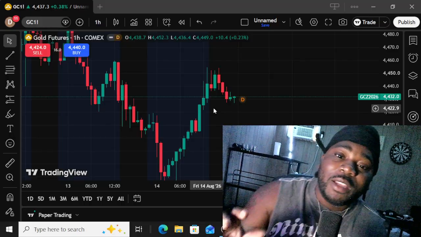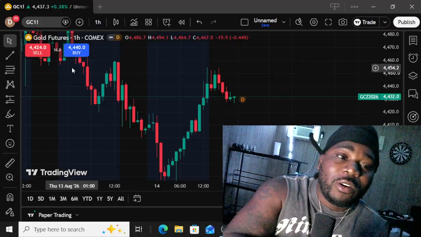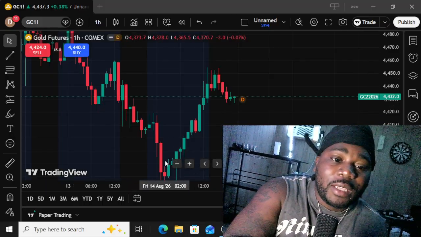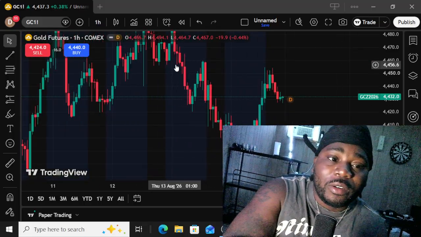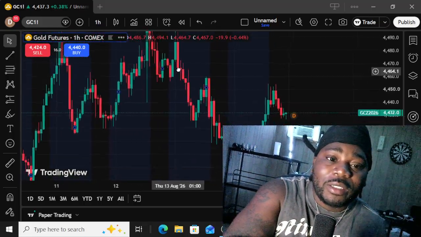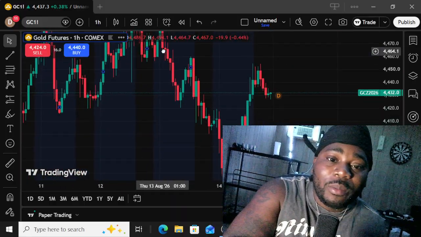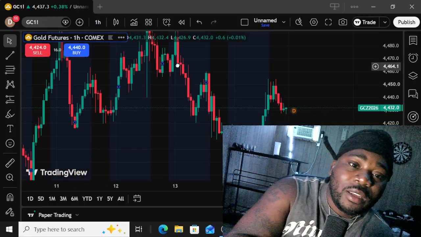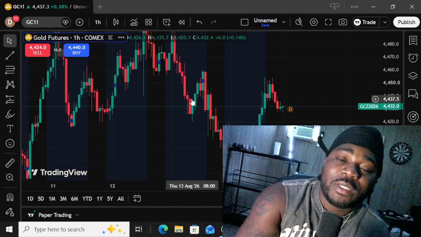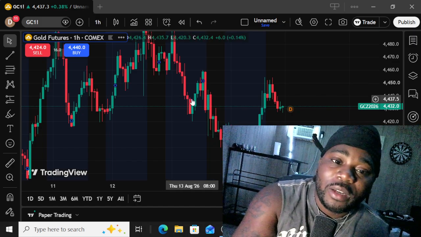No lie. The only thing you got to do is figure out these candles. Figure out the structure. Know which way the market is trying to go. Understanding which way the market is going. Study up on your candles. Study up on the strategies. Each candle tells a different story. You just got to know what the candle is trying to do.